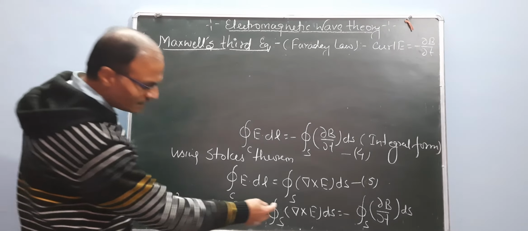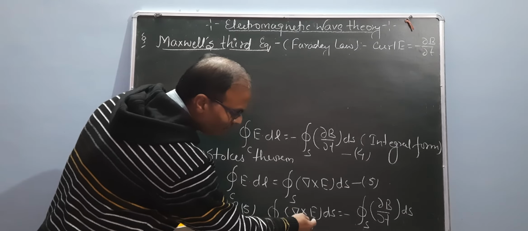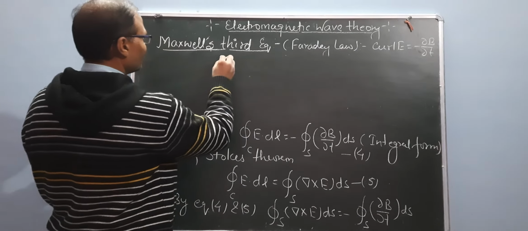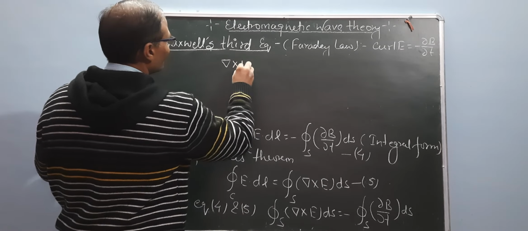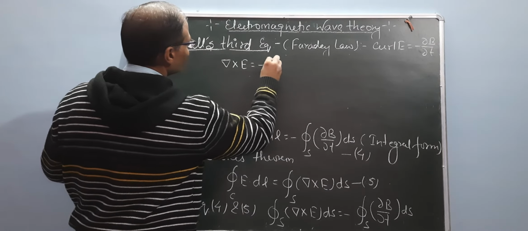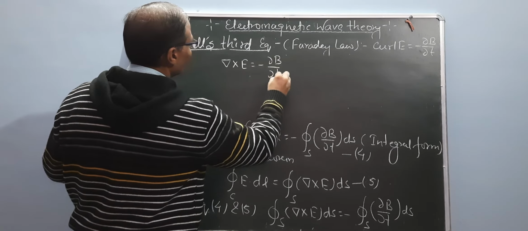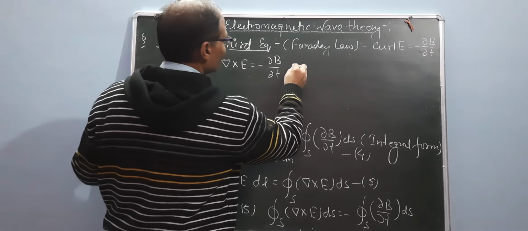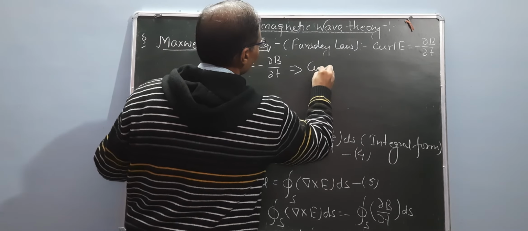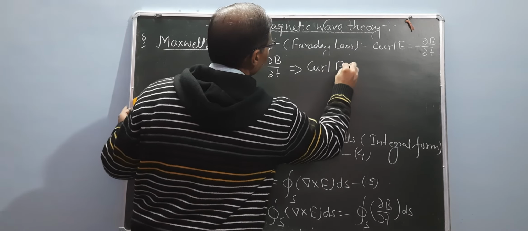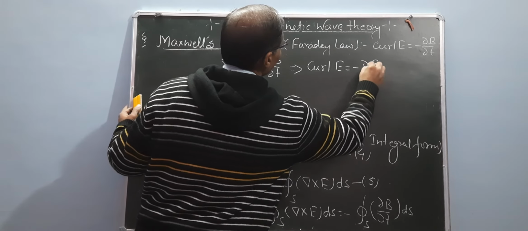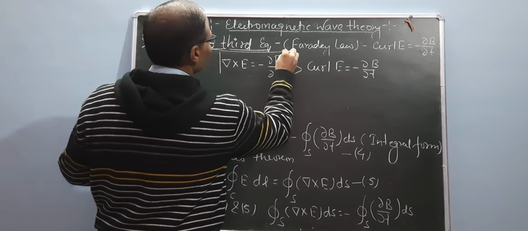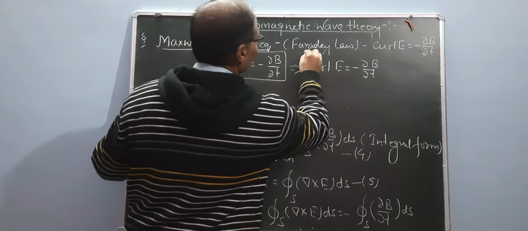Now the equation is del cross E equal to minus dB upon dt. Del cross E equal to minus del B upon del t. This is curl E. It implies that curl E equal to minus dB upon dt. This is the differential form of Faraday law.